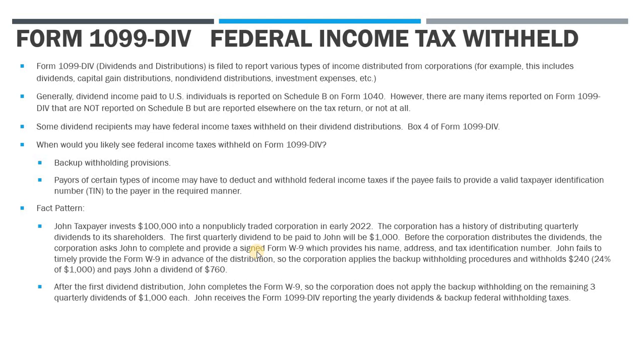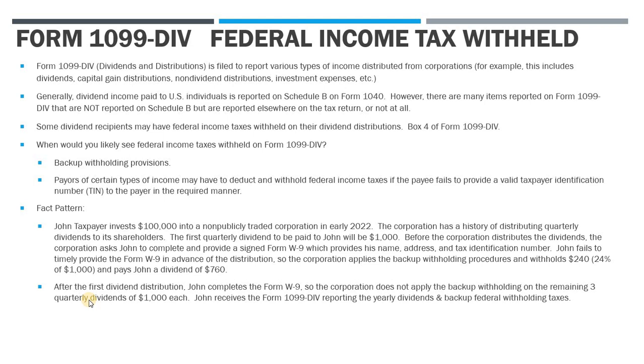So when the company distributed the dividends to all of the shareholders, the $1,000 that was provided to John was subject to backup withholding because he did not timely provide a W-9 with his name, address, tax status, Chapter 3 status that is, and his valid taxpayer ID number.